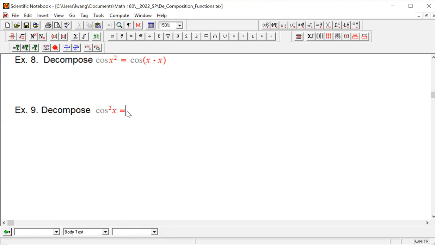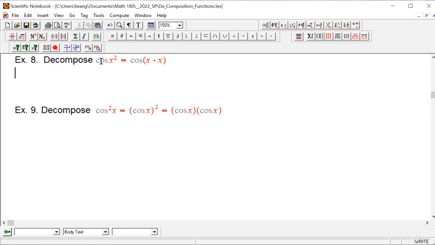And this other one means cosine of x squared, which means cosine x multiplied by itself. You can see these two functions are very different. So when you see what's inside, what's outside, you're going to have to see it from that perspective.